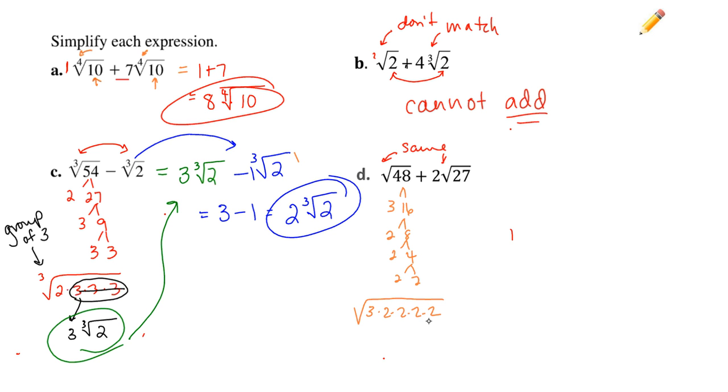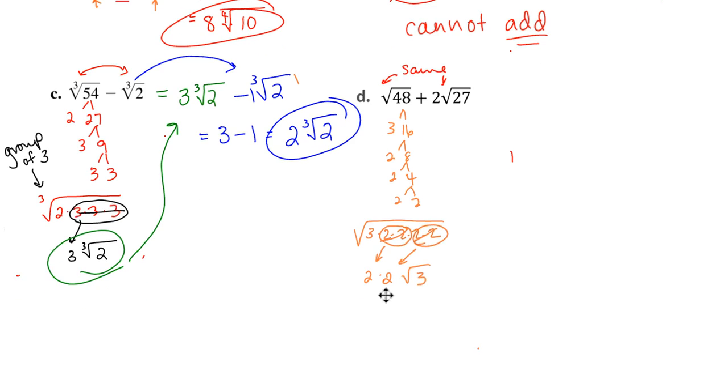So we're looking for a party of 2, because it's square root. There's one party of 2, another. Multiply those together, and I'm left with square root of 3 still in jail.